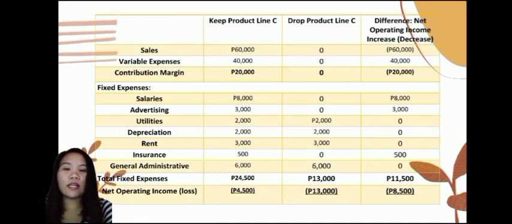As shown in the last column, if the product line C is dropped, then the overall company net operating income will decrease by 8,500 pesos each period. Same answer with the previous formula or solution.